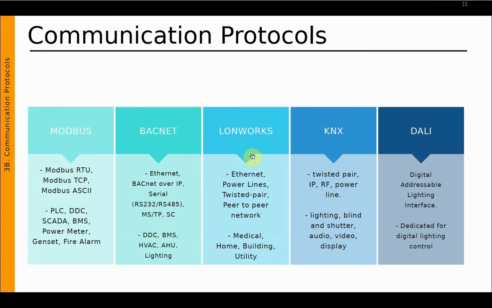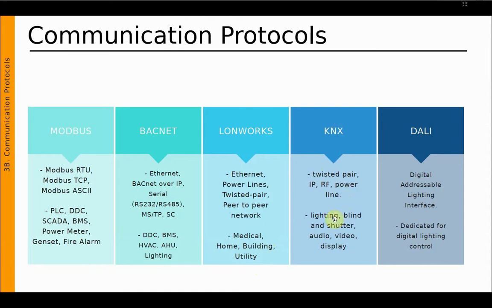Another one is LonWorks. LonWorks is a communication protocol that uses Ethernet, power lines, twisted pair, or sometimes a peer-to-peer network. This protocol is usually used in medical, home, building, or utility monitoring. Another one is the KNX protocol. This protocol uses a twisted pair cable, and is also sometimes used over IP, radio frequency, and power line.